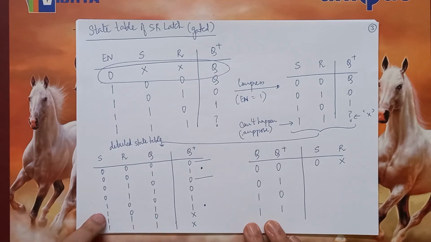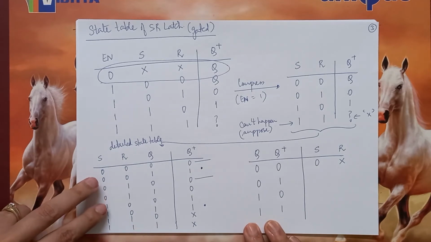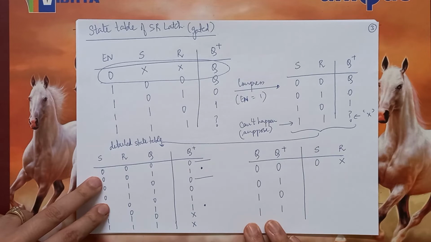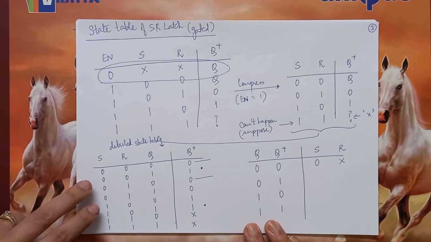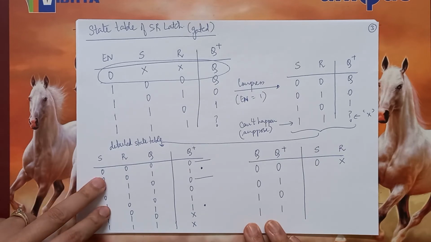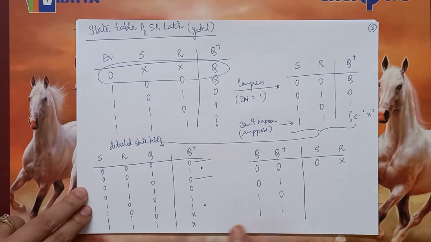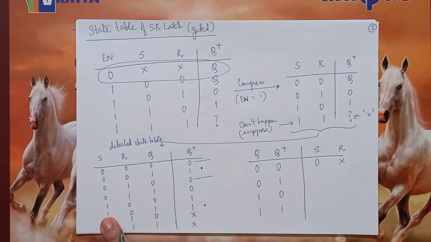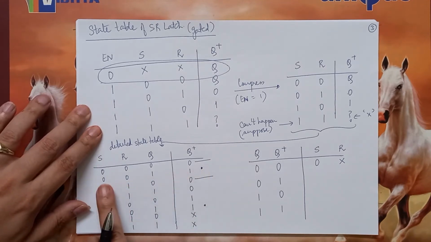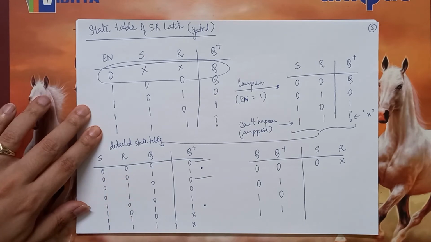So for these two, what we see is in one case S and R are 0 and 0.